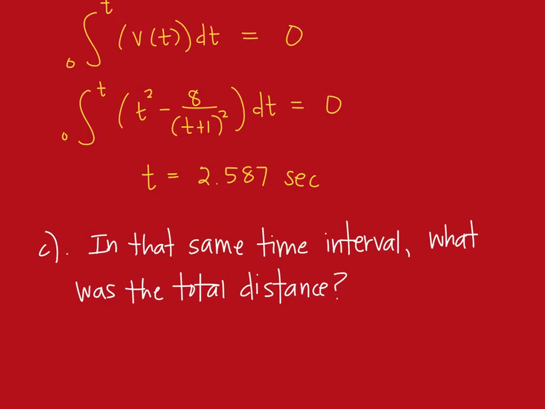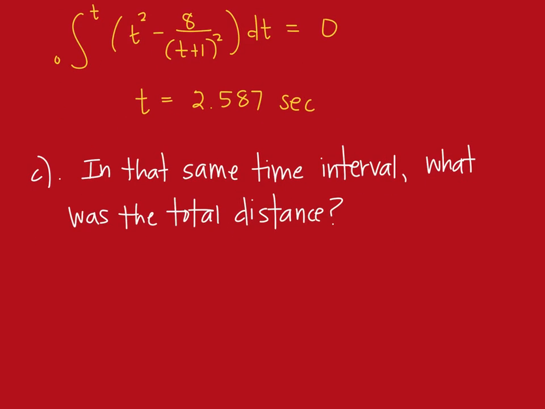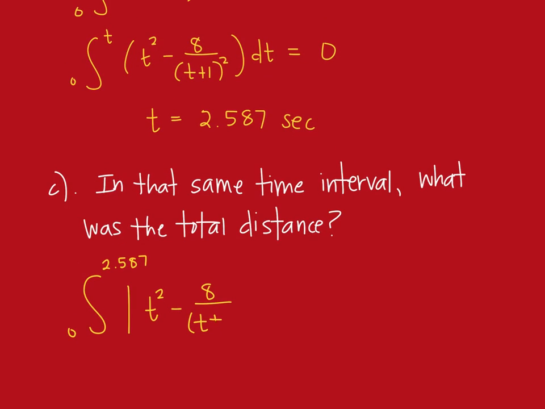All right, so our definition of total distance is now to use the absolute value. So we want the absolute value from 0 to 2.587, so the exact same time that I just did. We know its net distance is 0, which is displacement, but what's its total distance? So you put your absolute value now around t squared minus 8 over quantity t plus 1 squared absolute value dt.